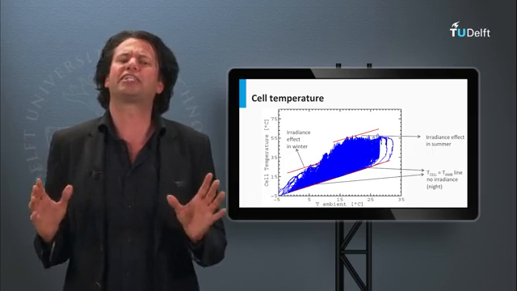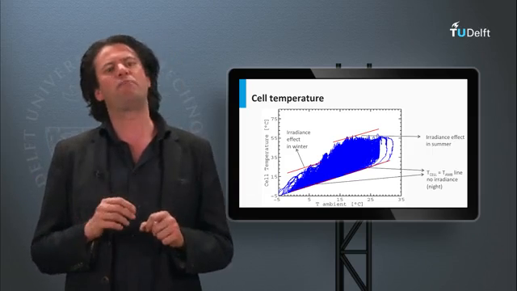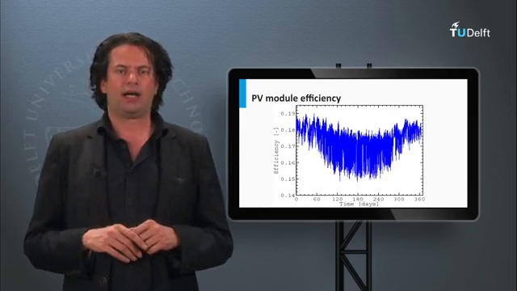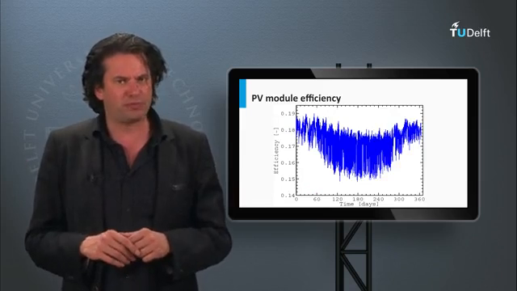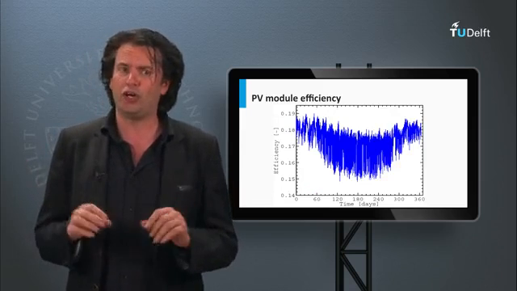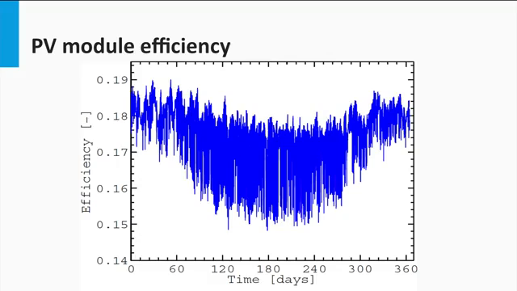So how serious can this temperature effect be for a PV module's output over the calendar year? At the PVMD group of the Delft University of Technology, we have done an extensive study on the temperature effects on the PV module's output.